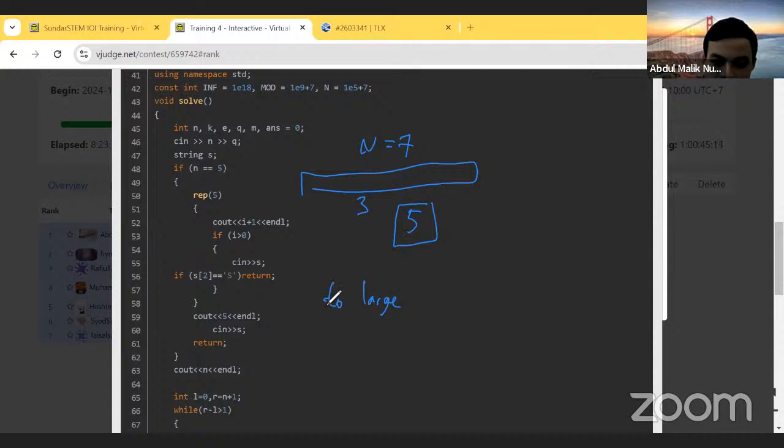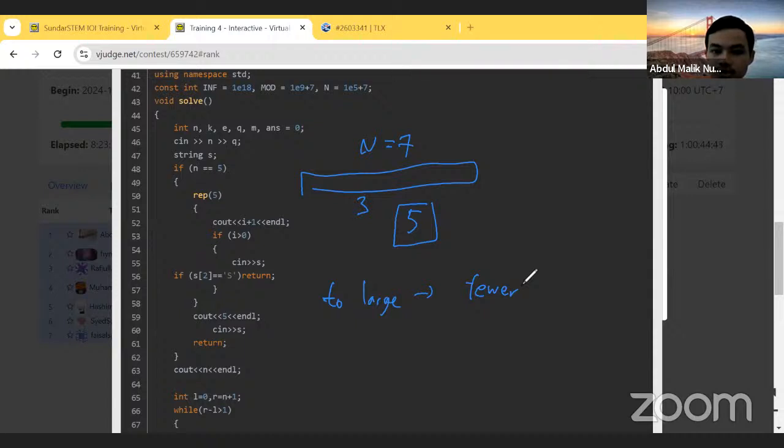So if the response is too large, then we have one good news: the number of possible answers is fewer.